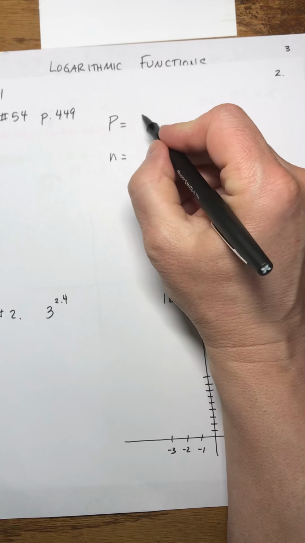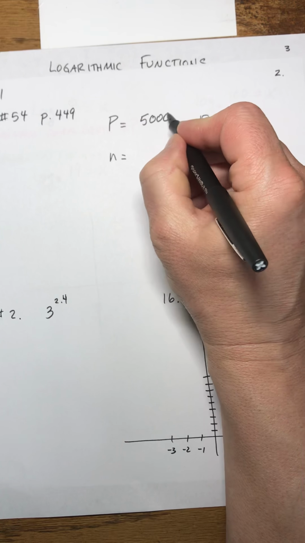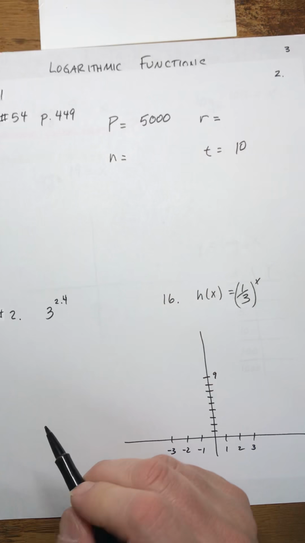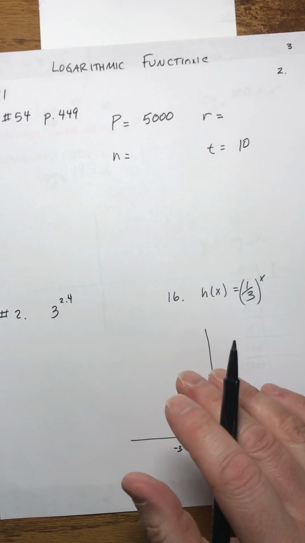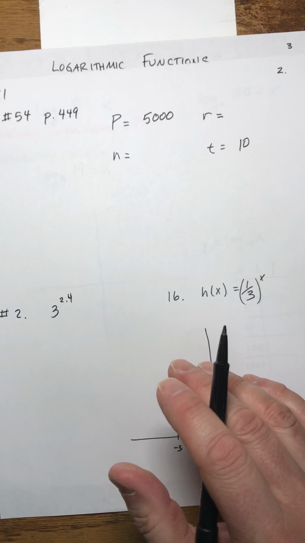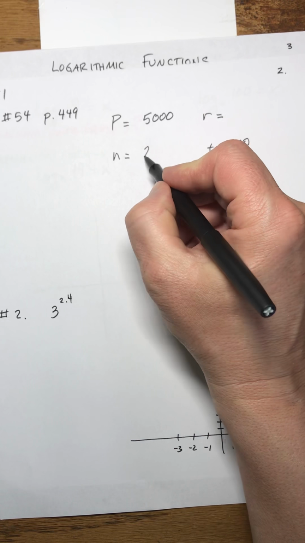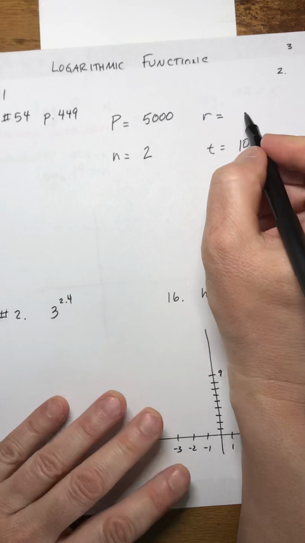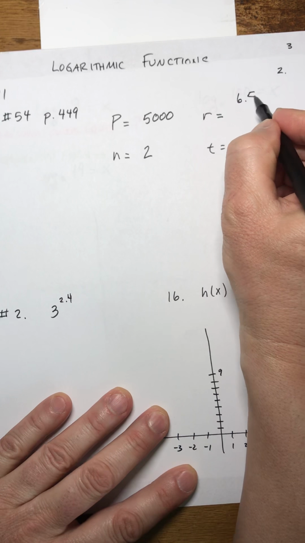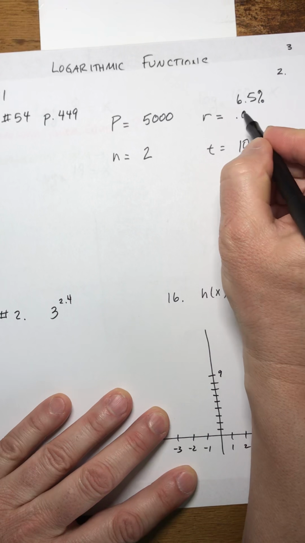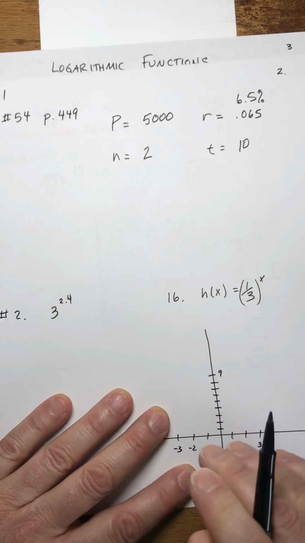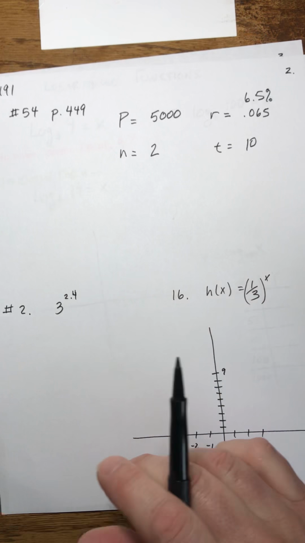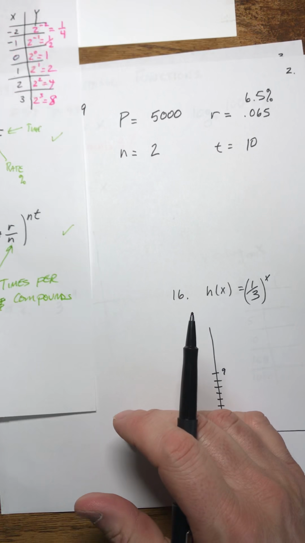They're telling us that we have $5,000 that we want to invest. And then it's saying that we invest it for 10 years, so T is 10. It's telling us in part A that they want to compound this semi-annually, so N is 2, twice a year. And they told us the interest rate was 6.5%, which we have to change to a decimal, which is 0.065. So now we're going to put these into our formula to see how this works.